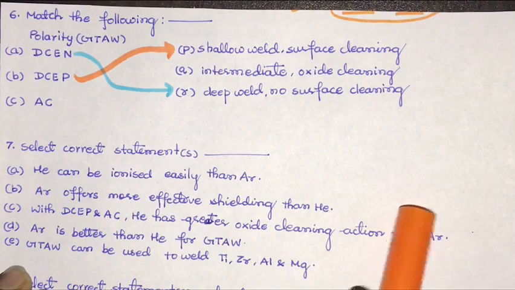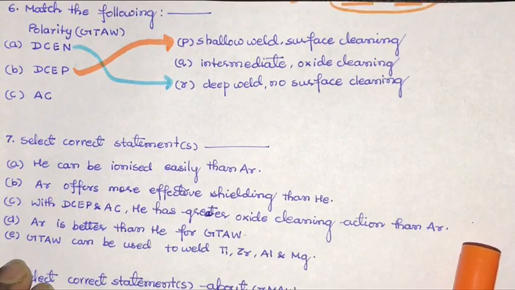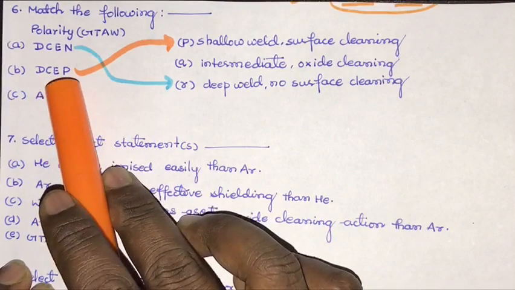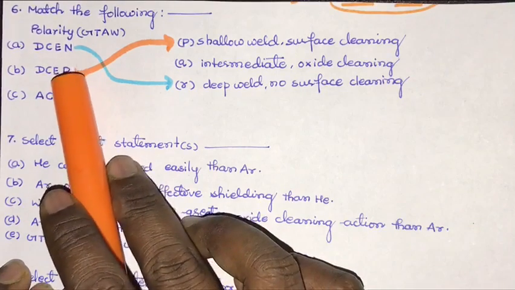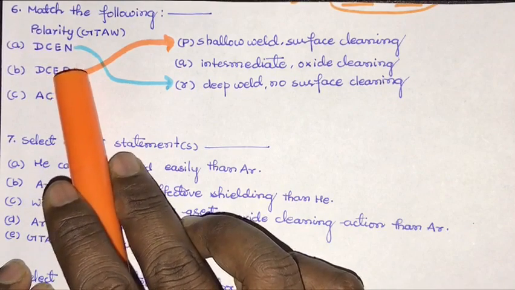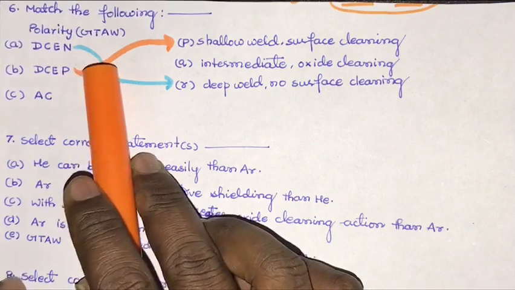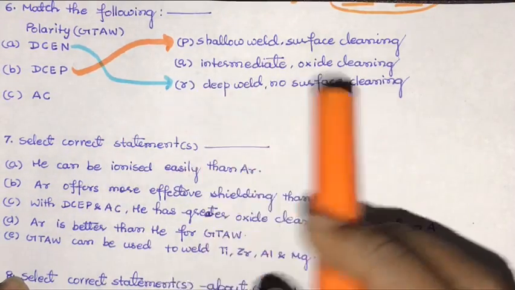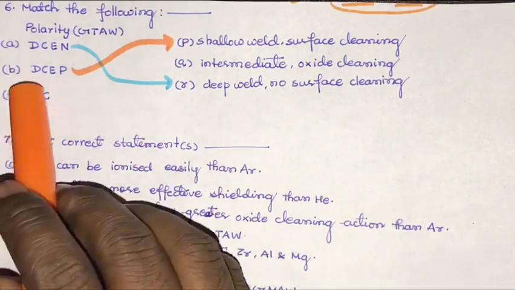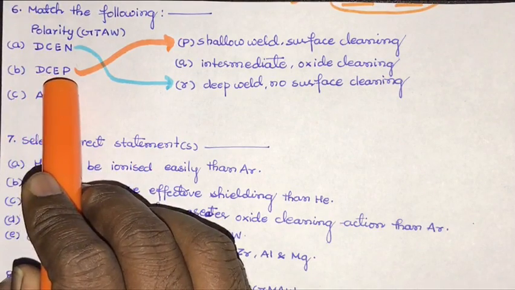Okay, when the welding does not require deep penetration, then we use DCEP. And it is very useful for the welding of metals which form oxide layers, like aluminum and magnesium. So in case of welding of aluminum and magnesium, we use DCEP polarity.